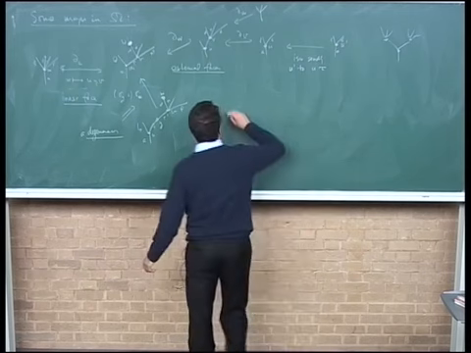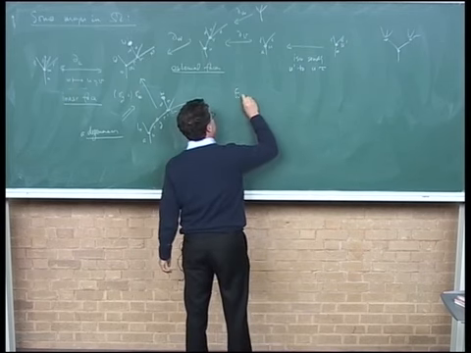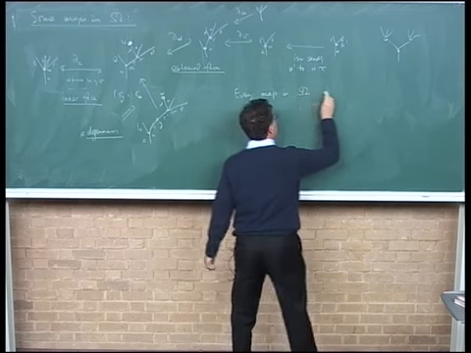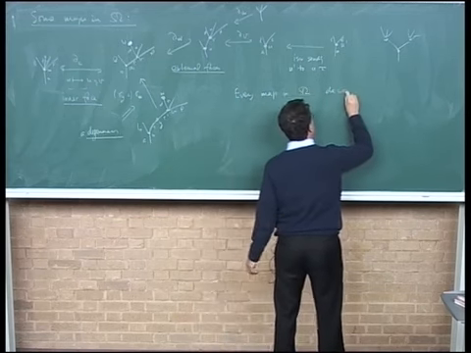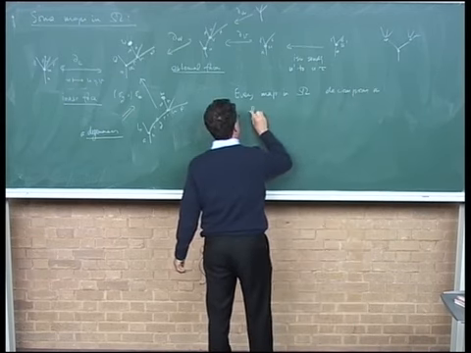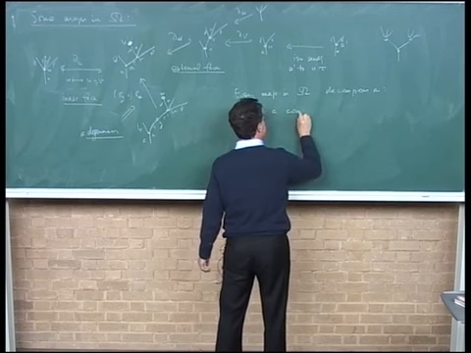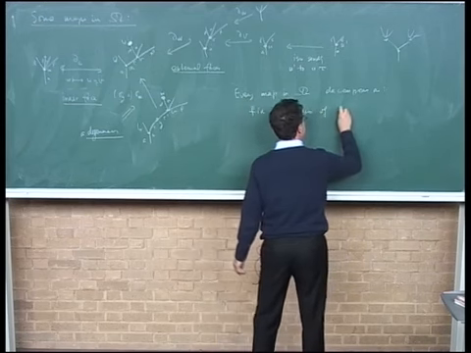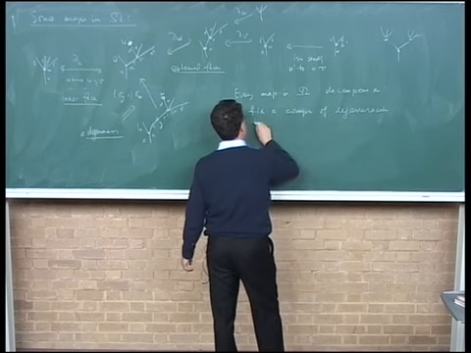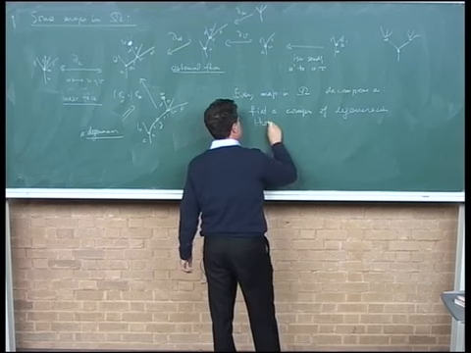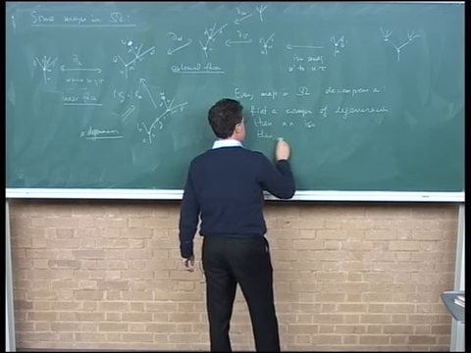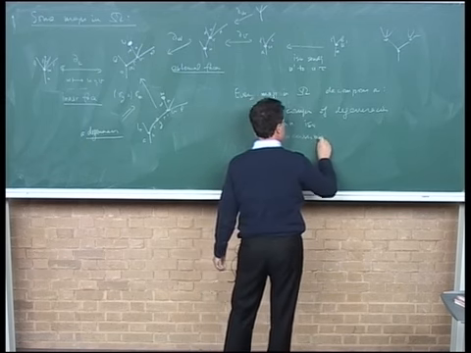So if you think about it a little bit, then every map in omega decomposes as first a composition of degeneracies, then an isomorphism, and then a composition of faces.